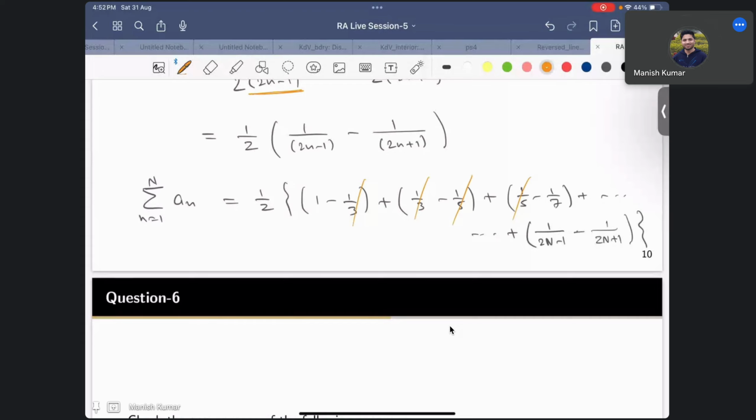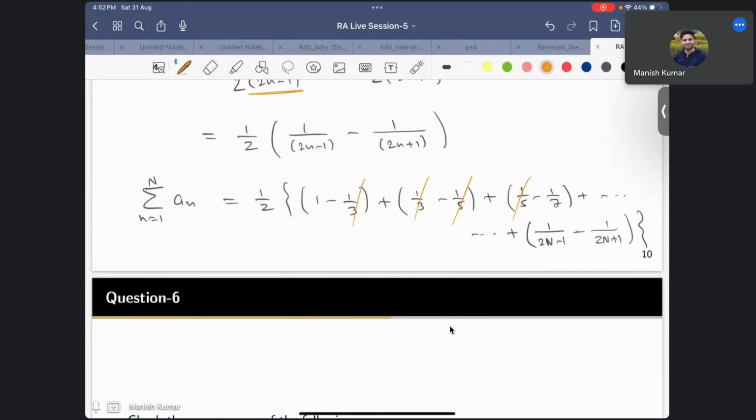Now to get the sum of the whole series, we wanted to evaluate this infinite sum, right? This infinite sum, summation n equals 1 to infinity, is nothing but taking the limit as n goes to infinity of this partial sum from n equal to 1 to capital N. Now when you put the limit in this finite sum, what you get is 1 by 2, because this term goes to 0 as n goes to infinity.